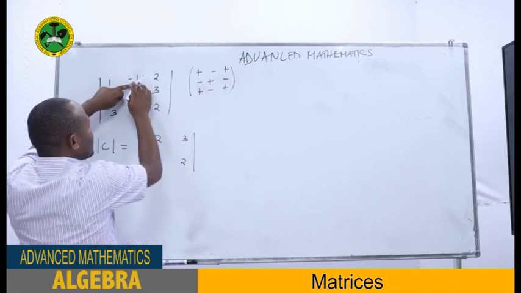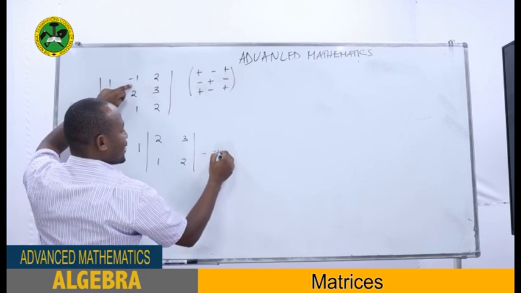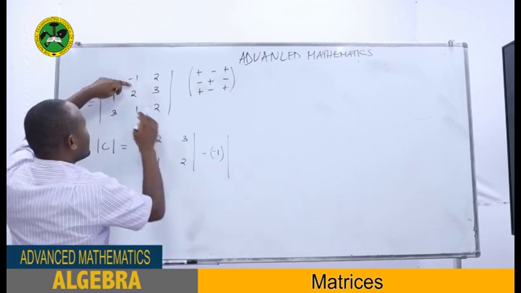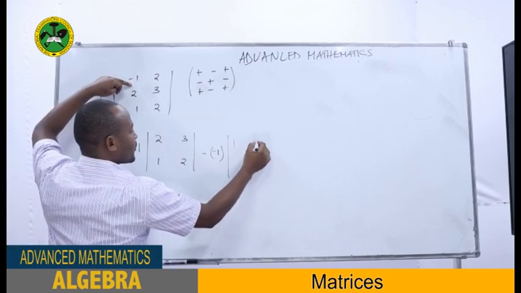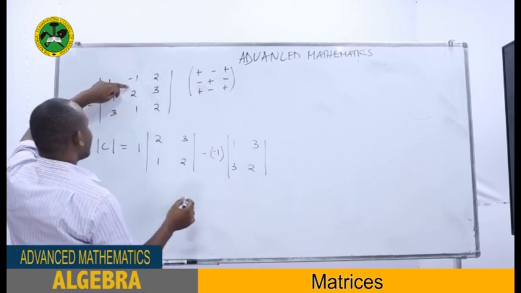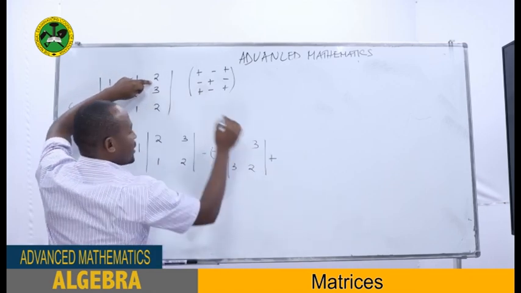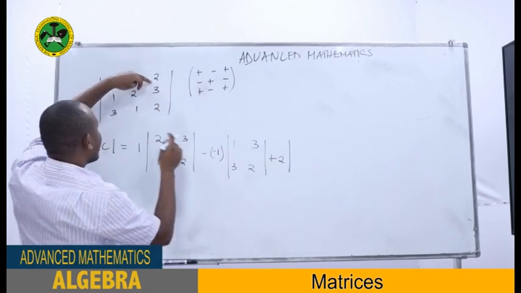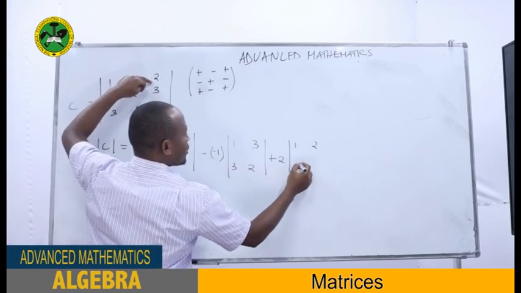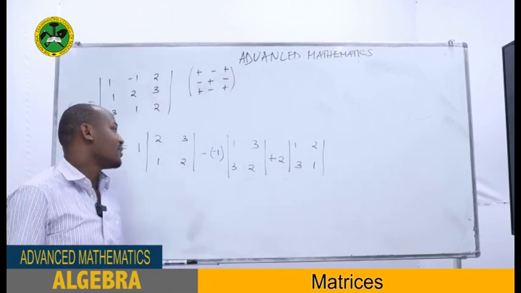Then we have a negative from the pattern, and another negative from the number at that point, and we are left with 1, 3, 3, 2. After that, from the pattern we have a positive, and there we have a 2, and we are left with 1, 2, 3, 1. We have to manipulate that so we can get the determinant.